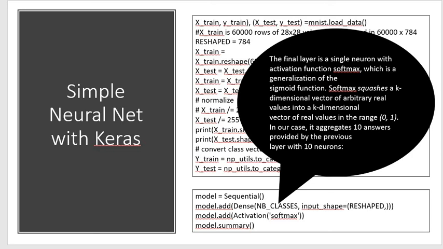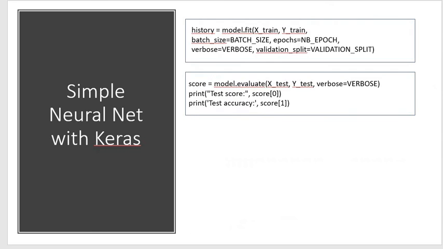So now I have imported my dataset, divided it into test and train, and normalized it. I have defined my model to be a sequential model. Then I have added my network, that is my hidden layers. NB classes I have already defined before. Then I am using the softmax activation function, and I will see the summary of my model.